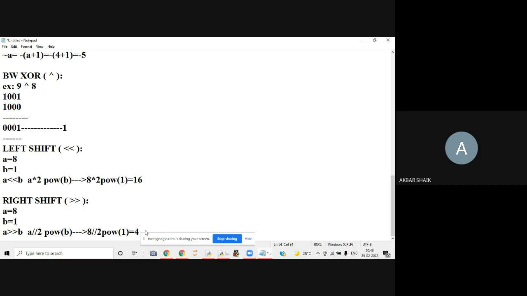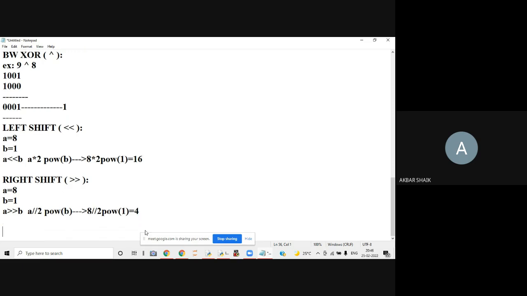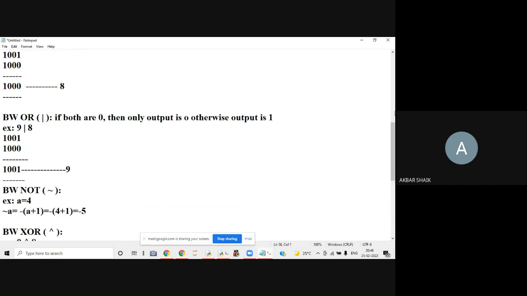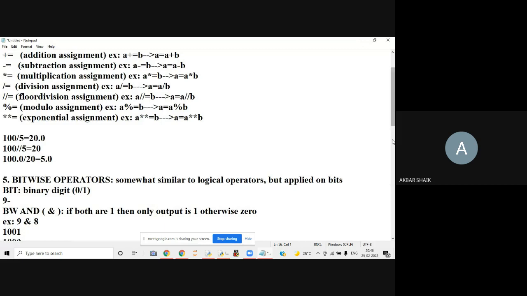That is the answer. All of you understood, please? Please look at all these examples and let me know if you have any doubts in bitwise operators.